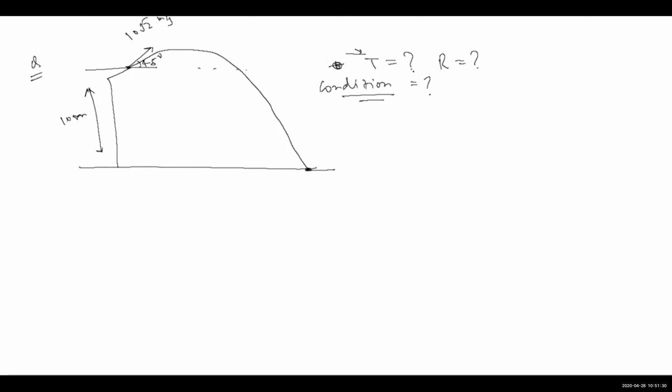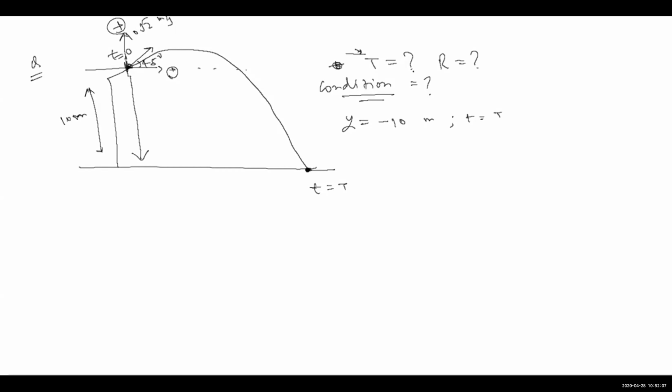So for the condition to calculate time of flight, the particle is projected at T equals 0 and will land here at T equals capital T. This direction, the upward direction, I'm taking positive. Condition will be when the displacement along y-axis becomes minus 10, time will be equal to capital T. When the particle lands here, how much displacement will it have along y-axis?